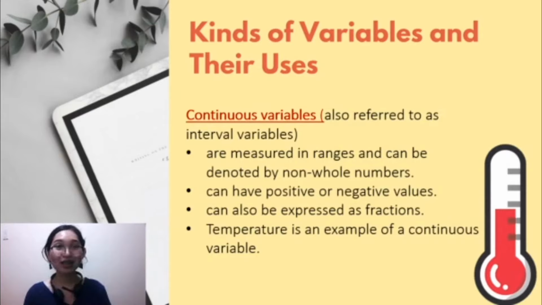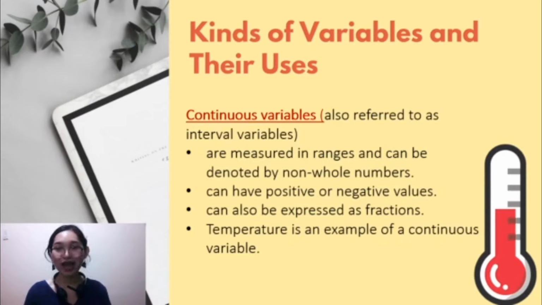It can have positive or negative values. Okay? So, kung kanina sa discrete, hindi siya pwedeng merong negative values, dito naman sa continuous, it can be both positive or negative, but it should be non-whole numbers. It can be non-whole numbers. It can also be expressed as fractions.